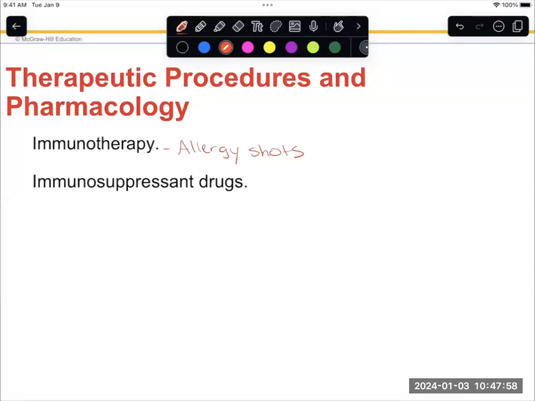Immunosuppressant drugs prevent or inhibit activity in the immune system. So they prevent that newly transplanted organ from being rejected, help treat autoimmune diseases, or control long-term allergic asthma.